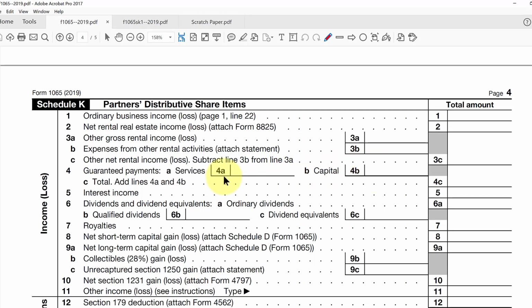Again, this is compensation that partners have to report as income on their own individual returns. Interest income and dividend income, so-called investment income, again has special characteristics on the partner's return, and that's why we separately state them here as compared to grouping them back in the ordinary business income.